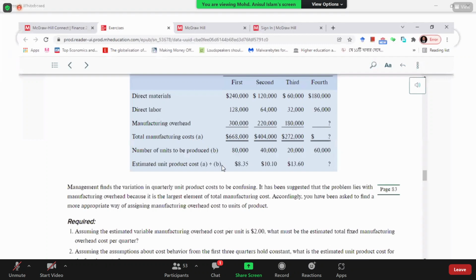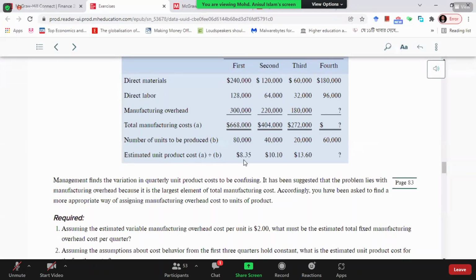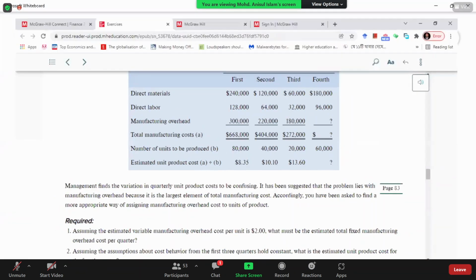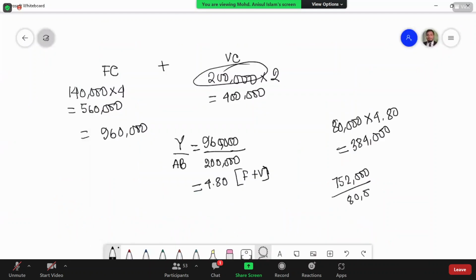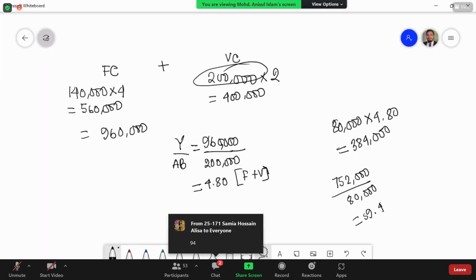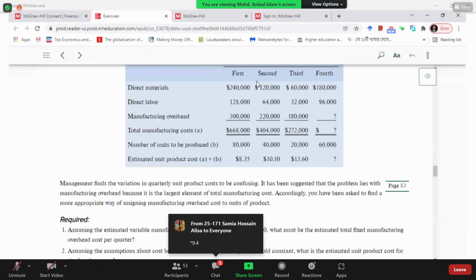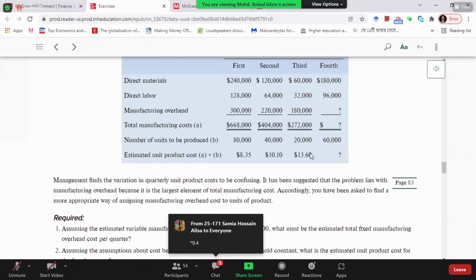And if we divide this by the number of units to be produced in the first quarter, 80,000, you will see that the manufacturing cost per unit is $9.4 per unit. Yeah, someone has written it for me, 9.4. So in this way, you will see that for the second, third, and fourth quarters, all unit product costs have become uniform.